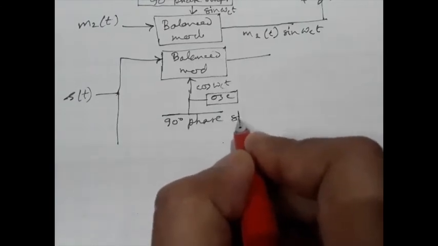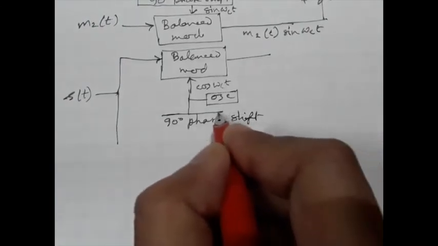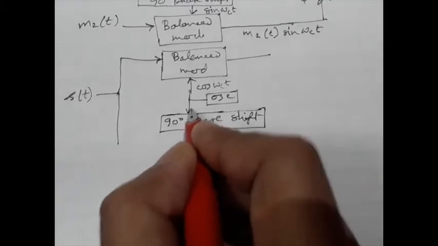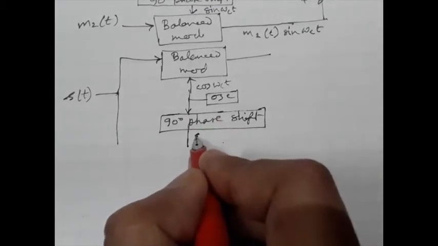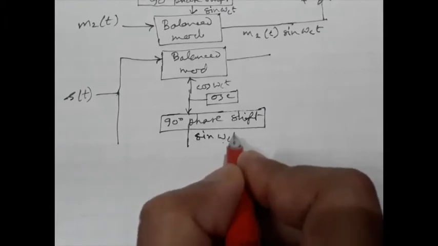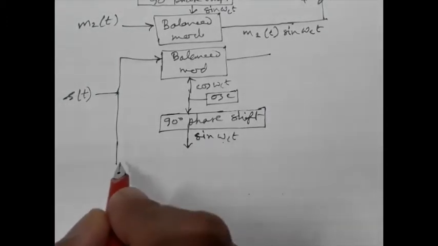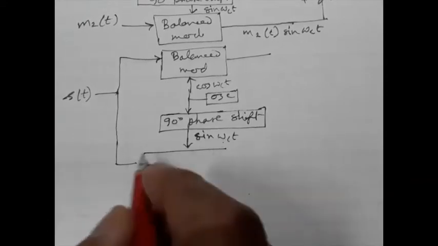A 90-degree phase shifter is used to change the phase of the carrier, and we have another balanced modulator.